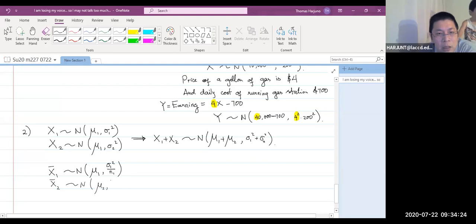And this is sigma 2 squared over n2. And when I subtract them, for example, it will be normally distributed. I subtract the mean, but for the variance, I still add.